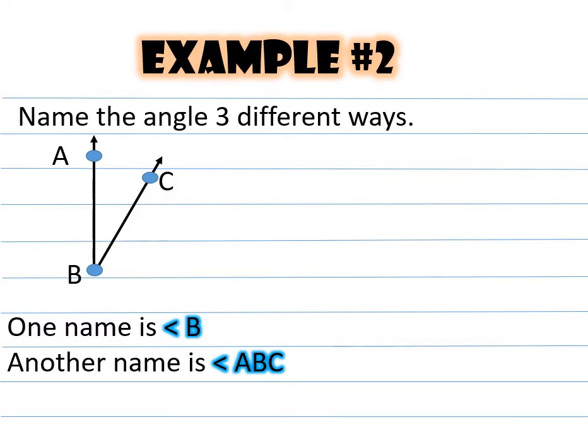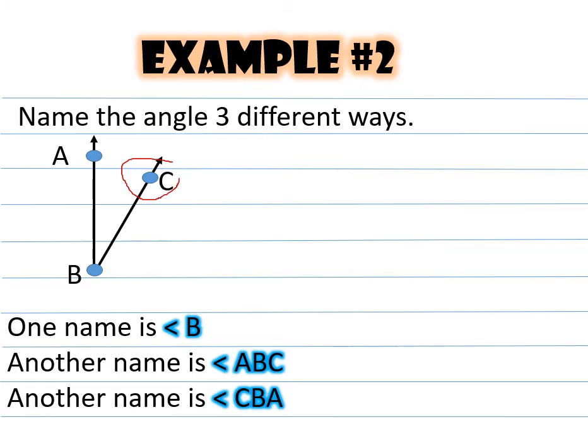What I did is I started at the endpoint A, and then I worked my way down to the letter B, and then I worked my way over to the letter C. That's one way of doing it. And another way would be angle CBA. We're starting at the endpoint and then just going in reverse order, going from the C to the B and then up to the A.